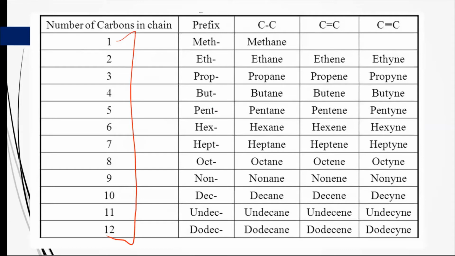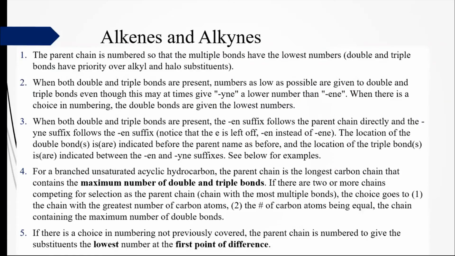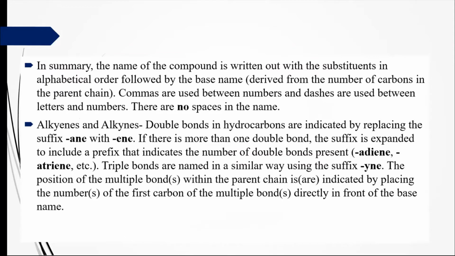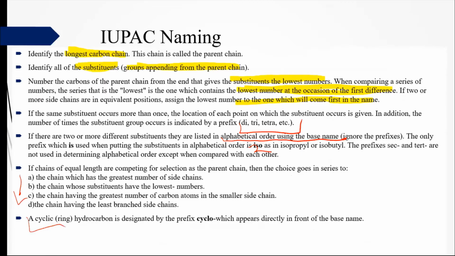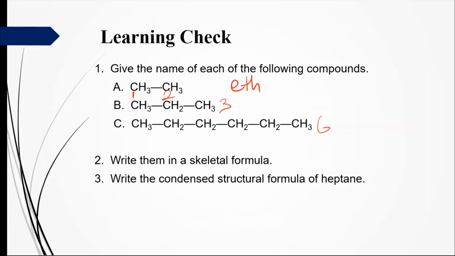Now, going back to here, we have a chain of 2. So that means that we should start with eth. From there, we need to choose our ending. And this is where we get into our alkanes and our alkenes and our alkynes. So things that only have single bonds are what we call alkanes. And so our alkanes with all single bonds end in ane.